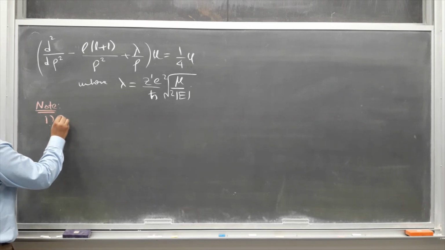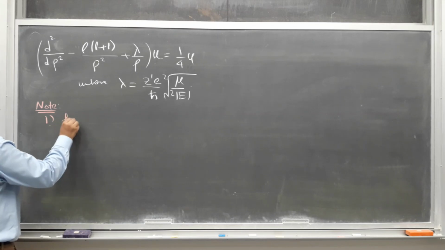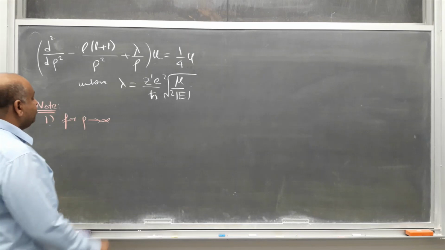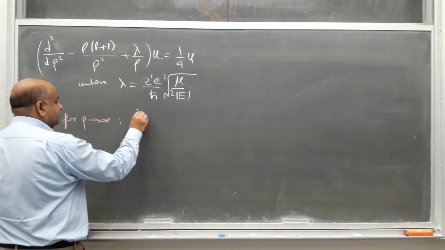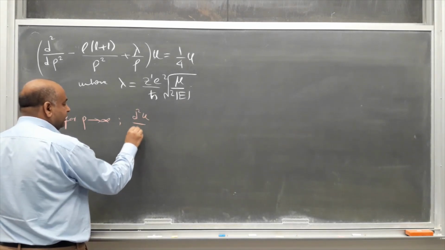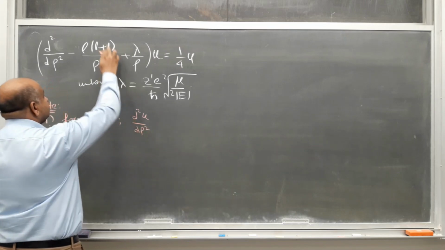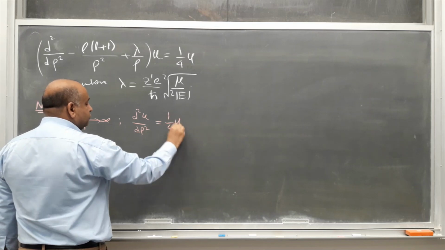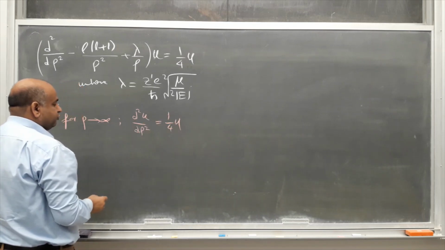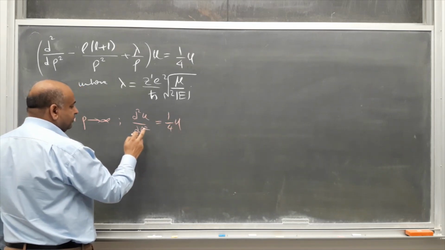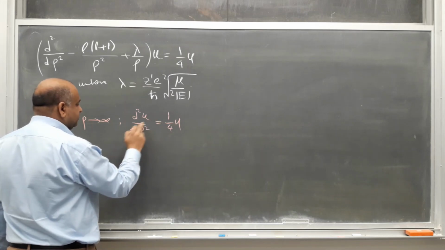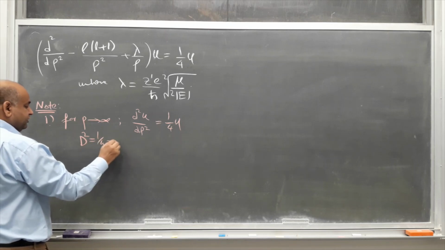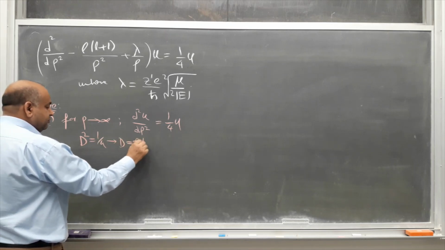Number one, when rho is very large, that is rho goes to infinity, this equation is d square u by d rho square, because this goes to 0, this goes to 0, equal to 1 over 4 u. And this equation we can quickly solve because this is a constant coefficient equation. So its characteristic equation is d square equals 1 over 4, which has roots d equal to plus or minus 1 over 2.